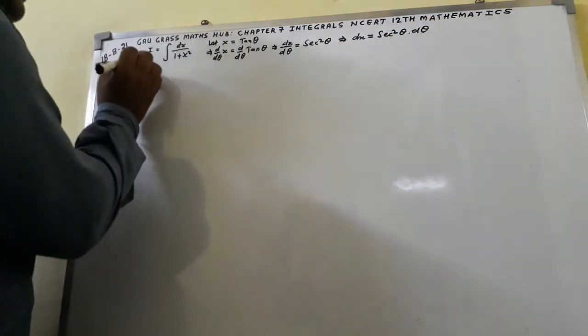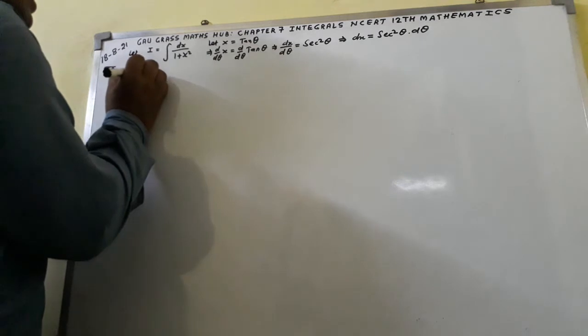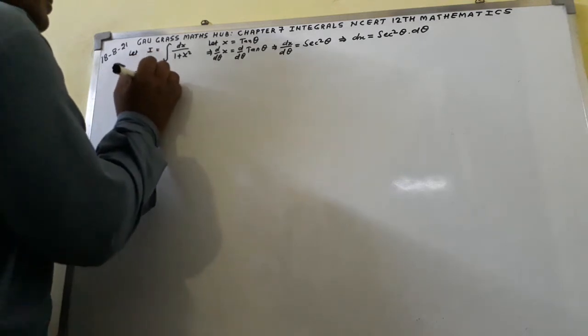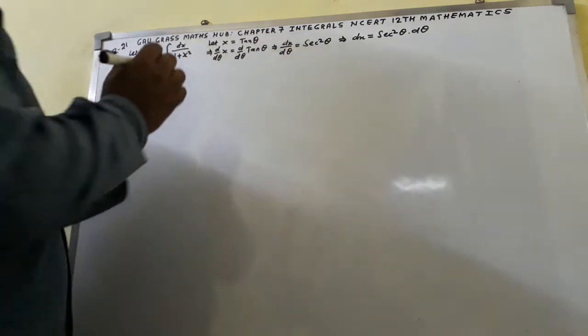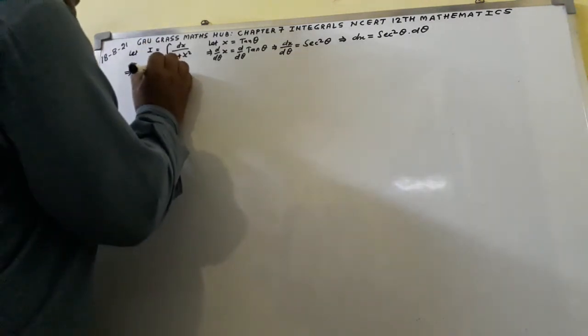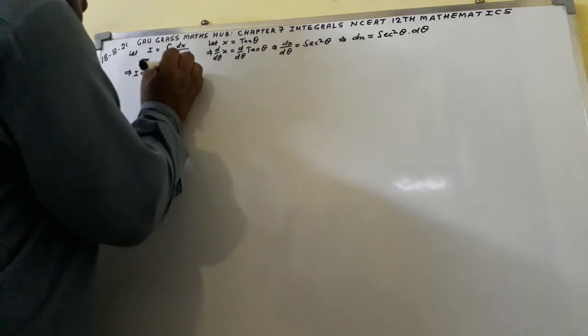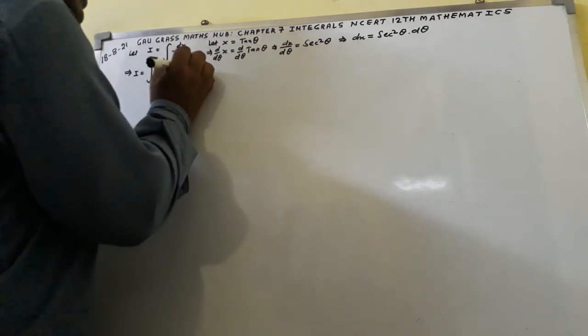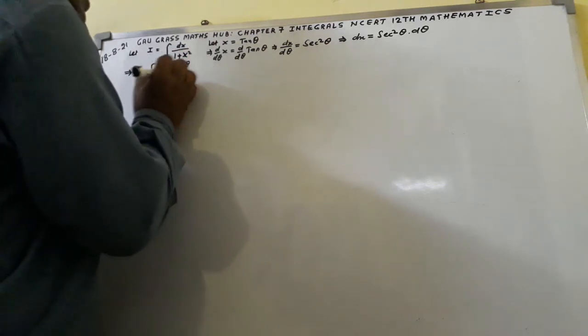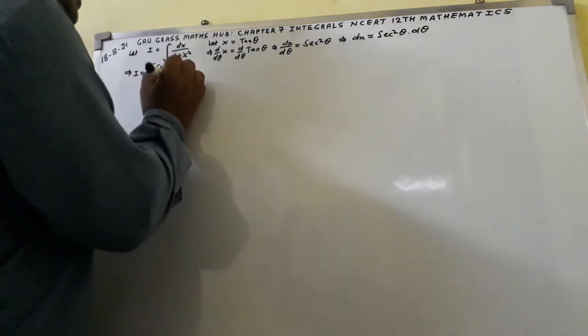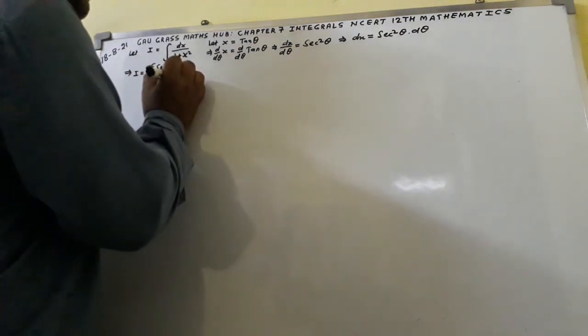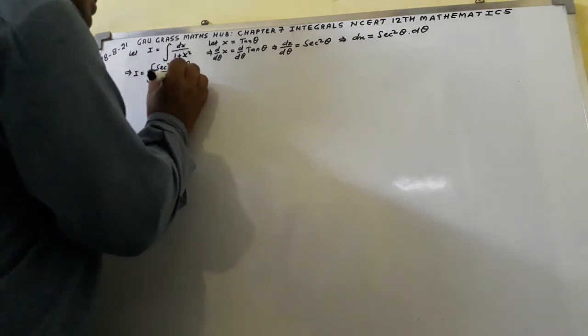Now I equals, in place of dx I shall write sec square theta dot d theta all over 1 plus, in place of x I write tan theta, so we get tan square theta.